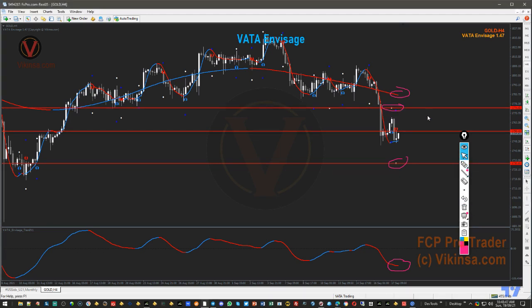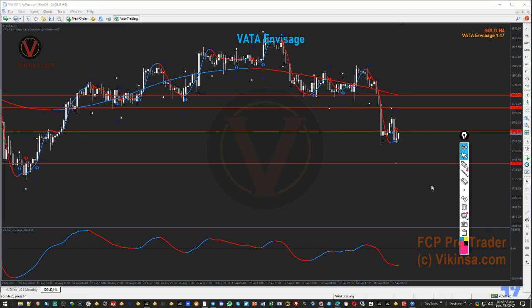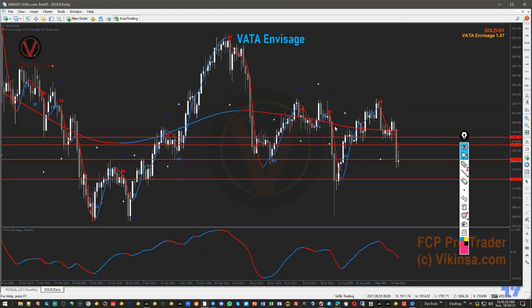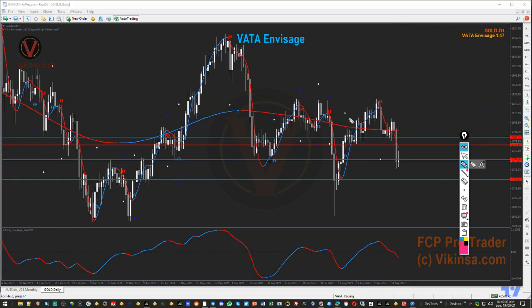So this is 1774.82, and this is near about 1784. Why it will try to do that is because we had a head and shoulders pattern here, this one, head and shoulders here. And usually what the market tries to do is go back up to retest that neckline. This is the neckline zone here.